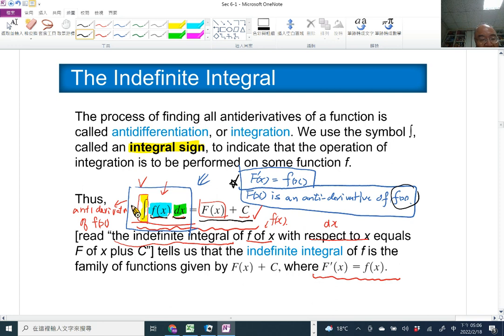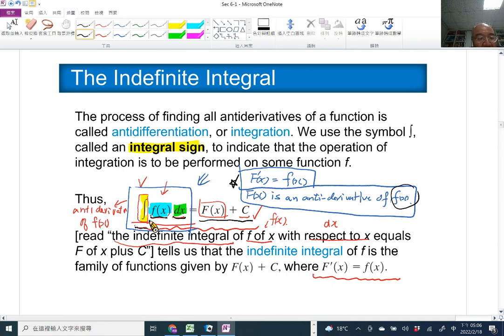It looks like it could be an I or could be an S. We use this as an antiderivative expression.